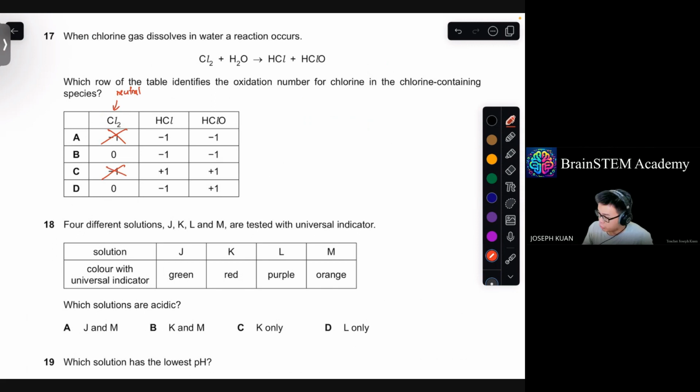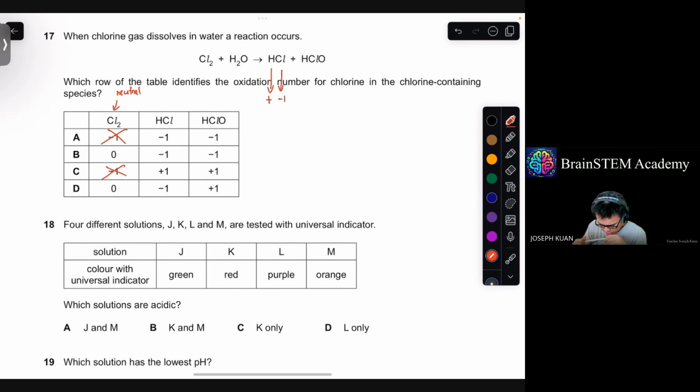Second, hydrogen chloride. Now, hydrogen ions usually exhibit a +1 charge, +1 oxidation number. And then, so this chloride should have a -1 charge, -1 as its oxidation number.